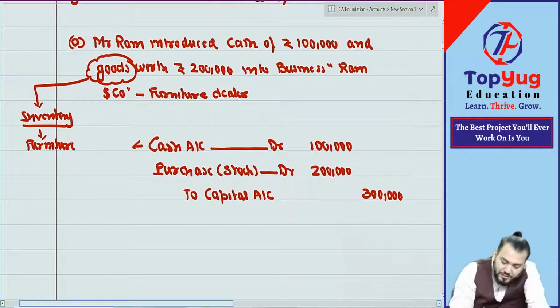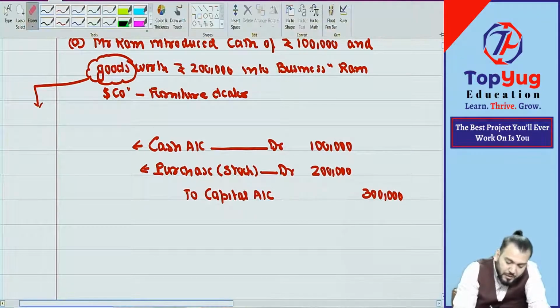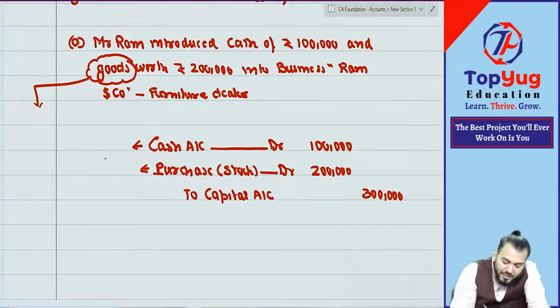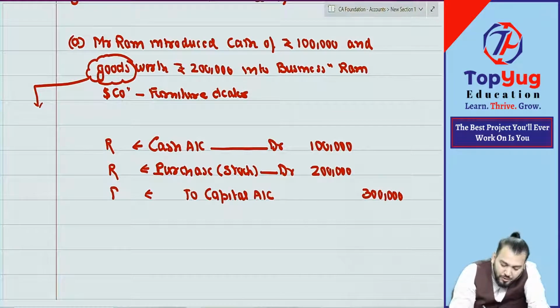Once you have written these, tell me, cash is which account? Real account. Purchase is which account? Real account. Capital is a personal account. Debit what comes in, debit the receiver, credit the giver.